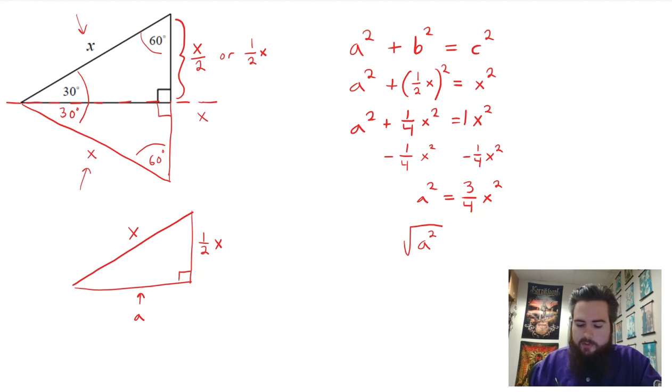If you take a square root of both sides here, a squared will just become a.